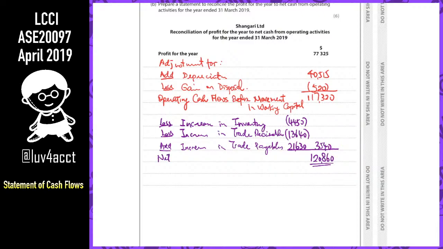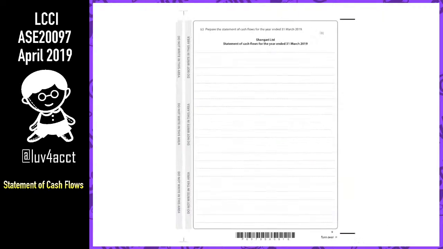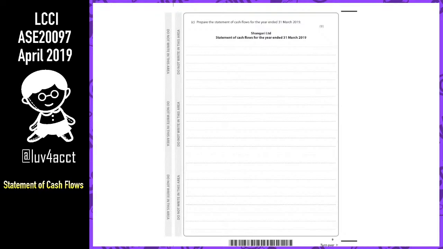Net cash from operating activities. Okay, 120860. Okay, we finish one part and then we go to the next part. Okay, why am I not drawing the lines today? Okay, what happened to me?